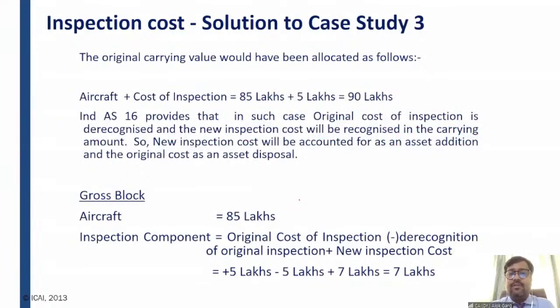So guys, first of all, the original carrying value would have been allocated as follows. The cost of the aircraft is 85 plus cost of inspection is 5 lakh. So these are the two components. When you prepare a fixed asset register, you can see the balance sheet of Indigo Airlines Limited. They are splitting the cost of the aircraft into inspection cost and aircraft cost other than inspection, right?